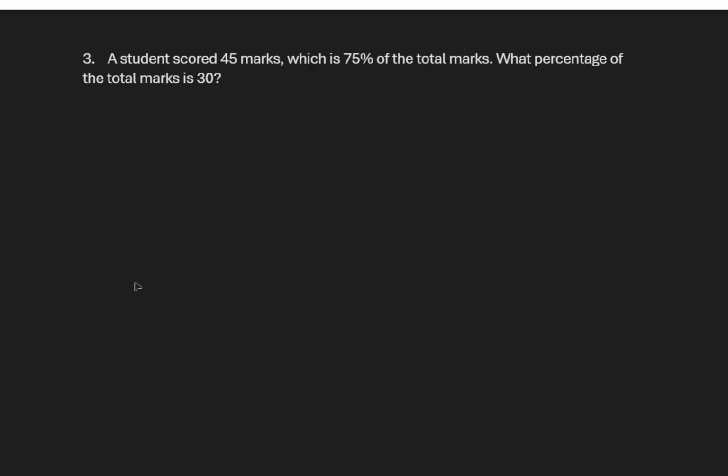All right. A student scored 45 marks, which is 75% of the total marks.